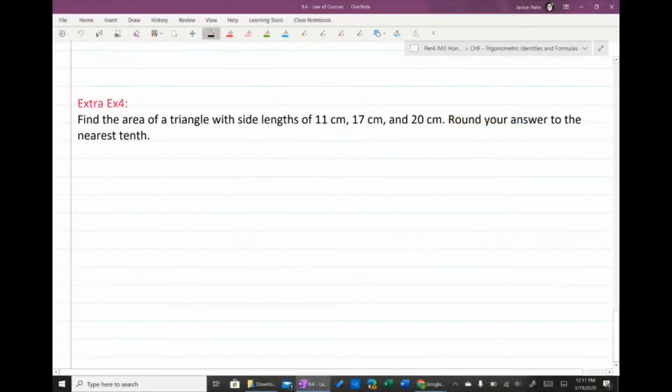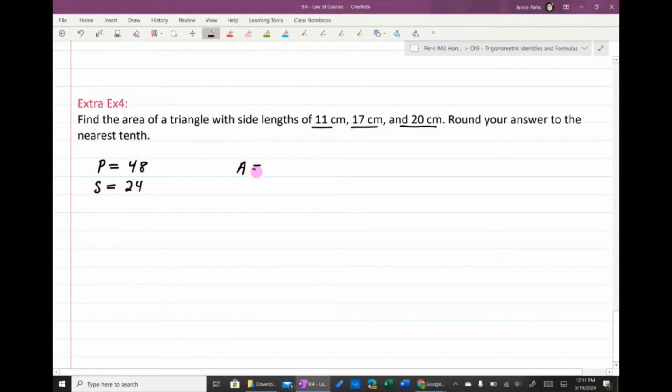So for the last question, example 4 in this lesson, the perimeter is 11 plus 17 plus 20, which is 48. The semi-perimeter is half of that, which is 24.